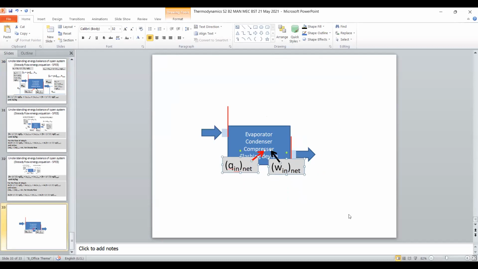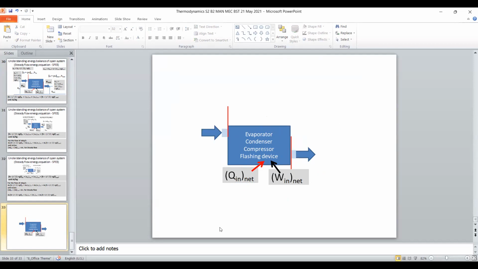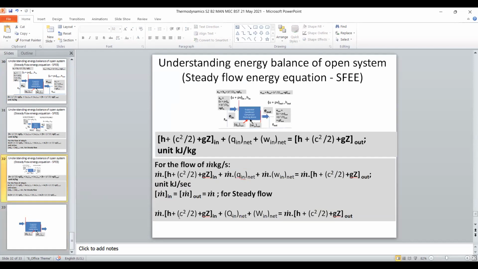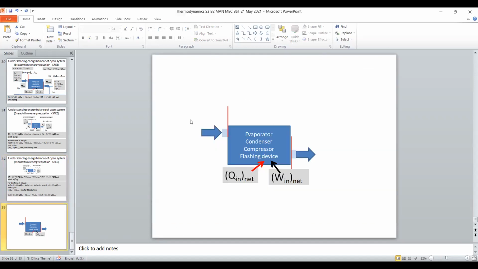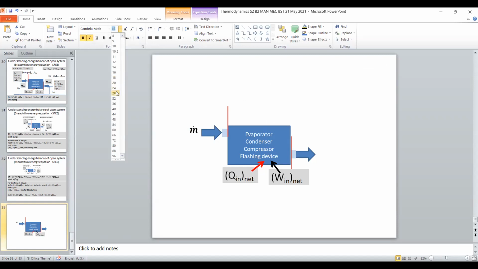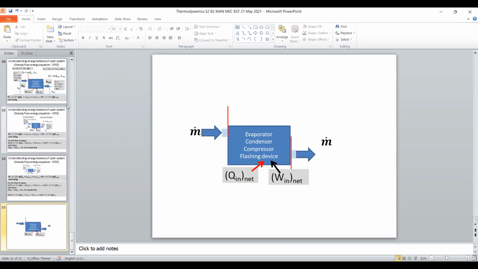The energy interactions. So it's not for 1 kg, it's for this component. And m dot flow in. M dot flow out.